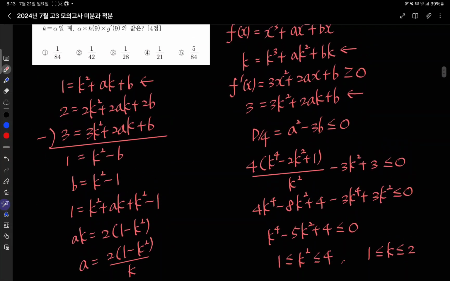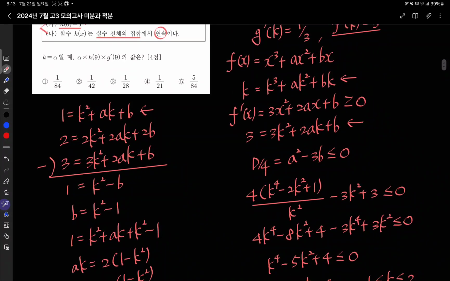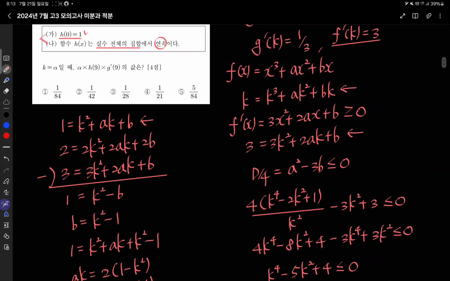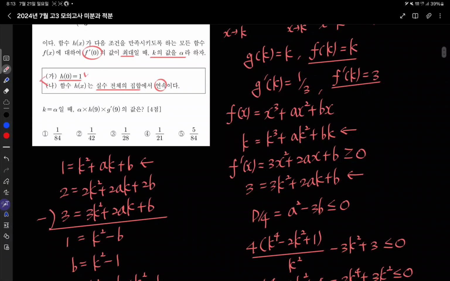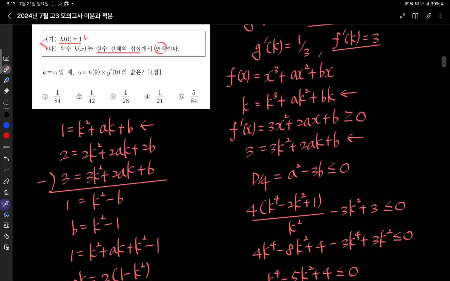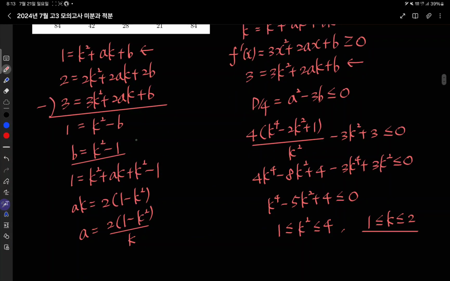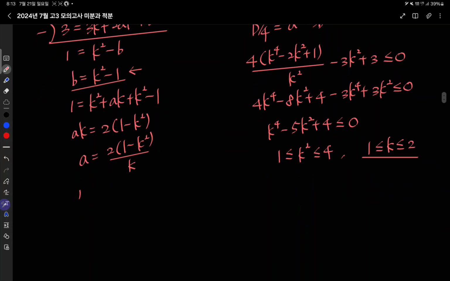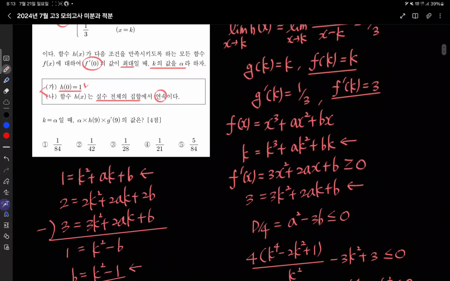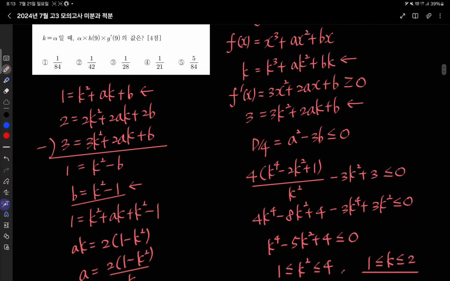And because we want to make f prime 0 maximum, and f prime 0 is b, with this interval, this value is maximum when k is 2, and the k value is alpha.